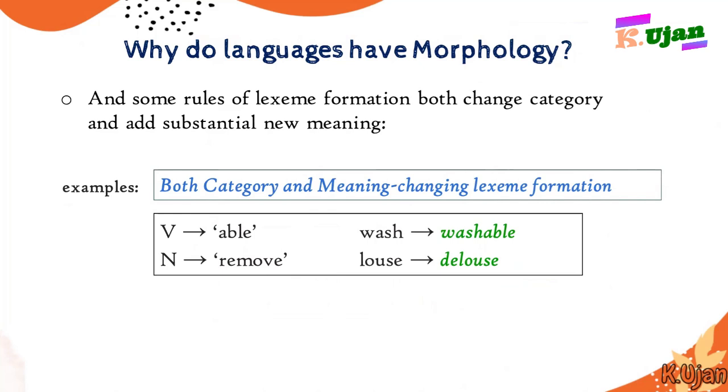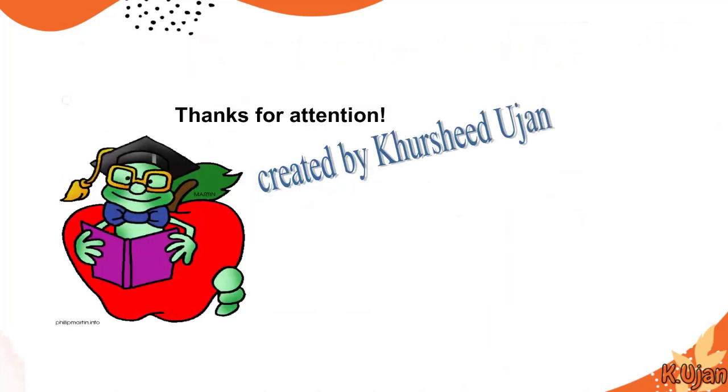So it not only changes its part of speech, but its meaning as well. It is a totally changed word. Wash, washable. Louse, we add de to it, delouse, right? So here they are changing their category and their meaning as well.